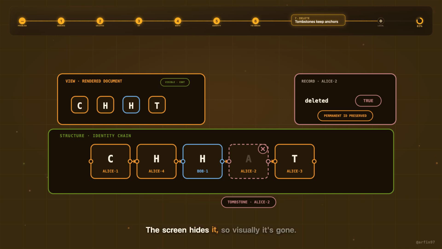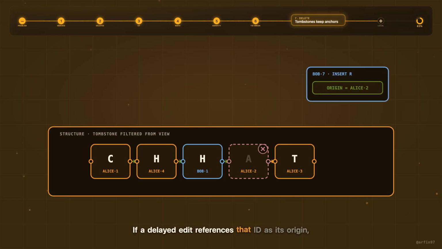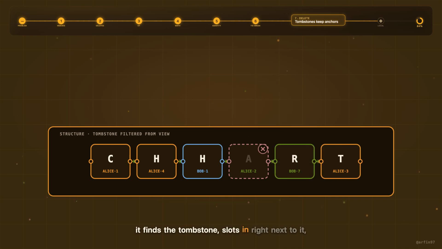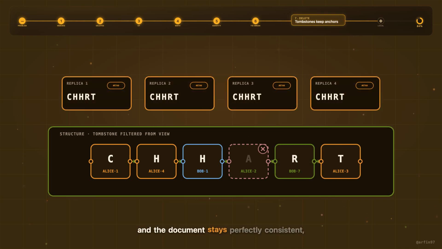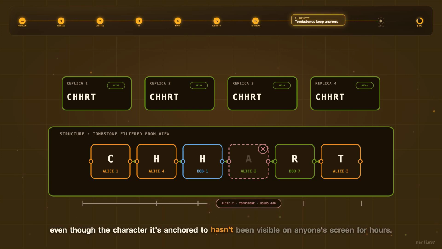The screen hides it, so visually it's gone. But the identity is still there, still available as an anchor. If a delayed edit references that ID as its origin, it finds the tombstone, slots in right next to it, and the document stays perfectly consistent, even though the character it's anchored to hasn't been visible on anyone's screen for hours.